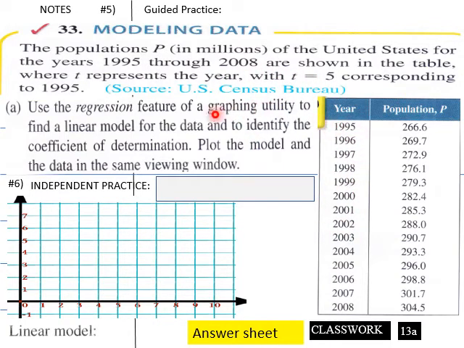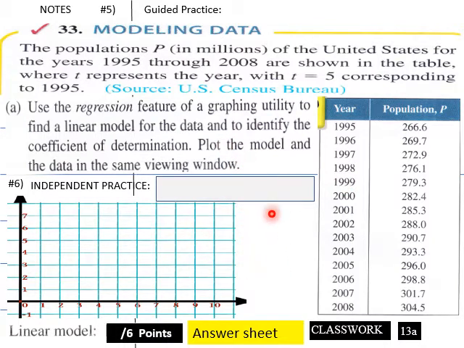A, use the regression feature of a graphing calculator to find a linear model for the data and to determine the coefficient of determination. Plot the model and data in the viewing window. So put your coefficient of determination here and then graph this data using a linear model.